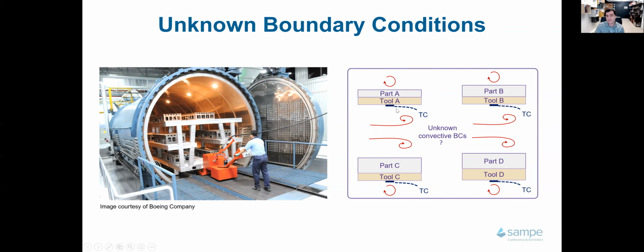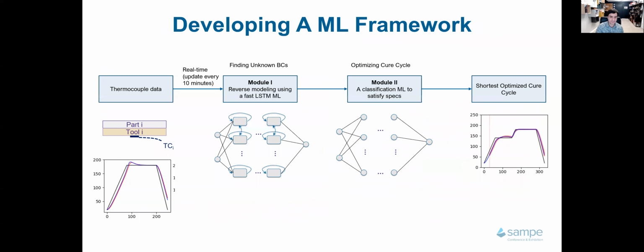What you typically do is put thermocouples under the tools as a proxy to measure the part temperature. And you look at this data as it comes in to understand the part temperature, and you have to show that the part temperature satisfies process specification, as you will see in a second in a demonstration of how we're using this.